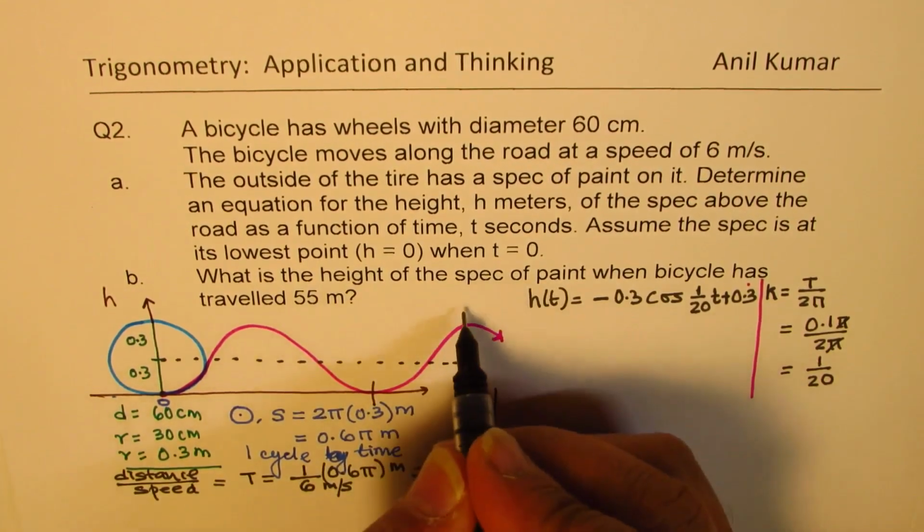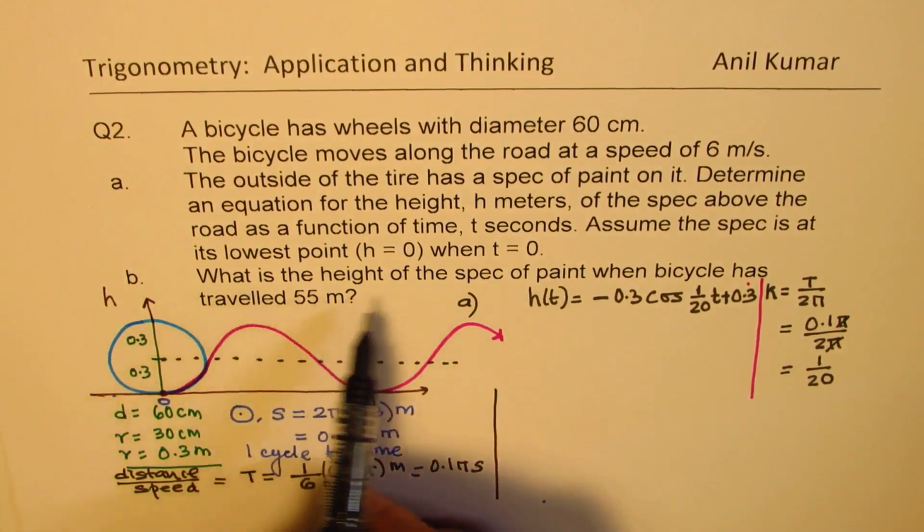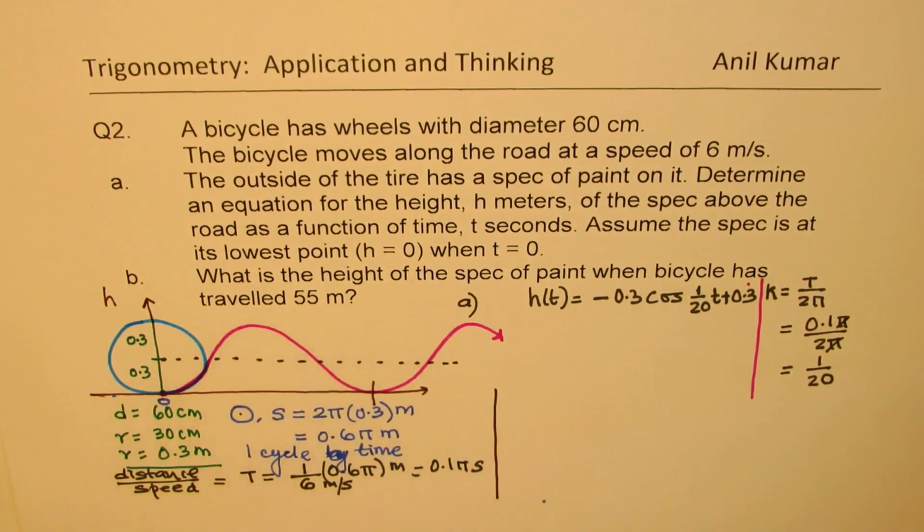So we have done part A of writing the equation, and in part B, what is the height of the speck of paint when the bicycle has traveled 55 meters? Now, when the bicycle travels 55 meters, we have to see what time it takes, correct?